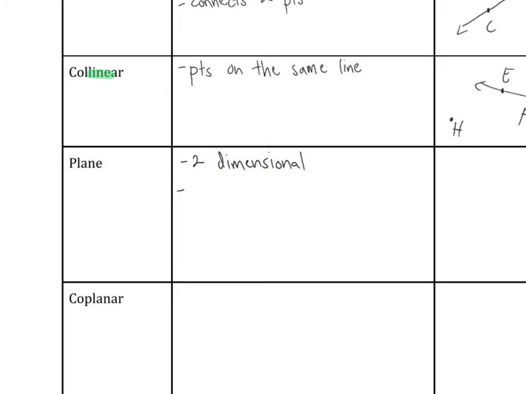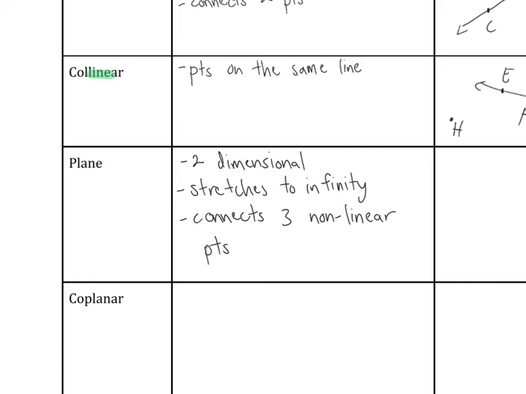A plane is also infinite, so I'll say that it stretches to infinity. And a line connects two points while a plane connects 3 non-linear points.